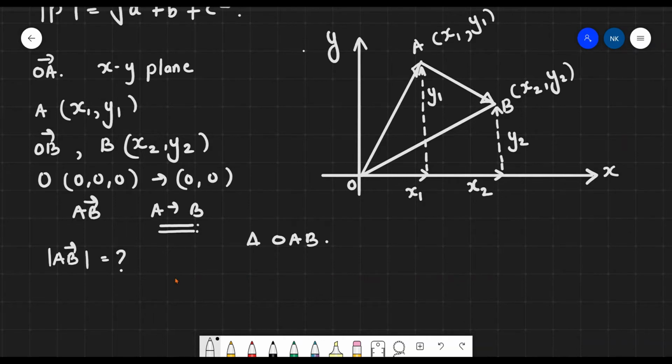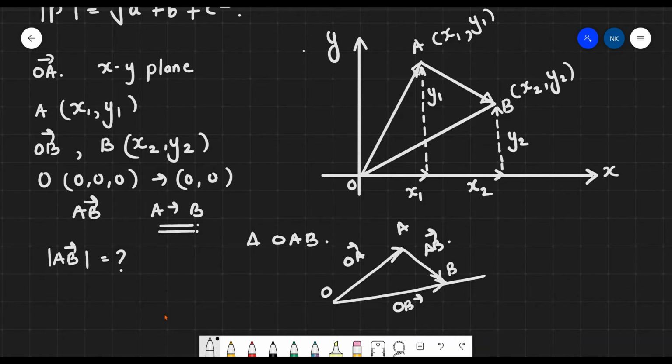So considering triangle OAB, it is going to be something like this. Here this is O, this is A, and here this is going to be B. So this is OA vector, and this was OB vector. So this is going to be AB vector.